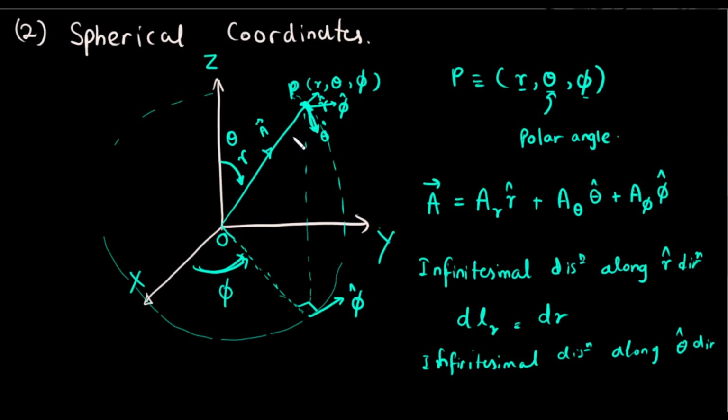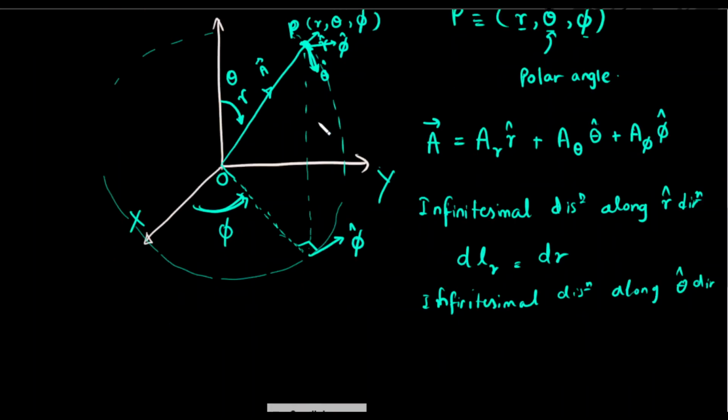So if theta is changing infinitesimally, d theta is the infinitesimal amount of change. So dl_theta is going to be r times d theta.